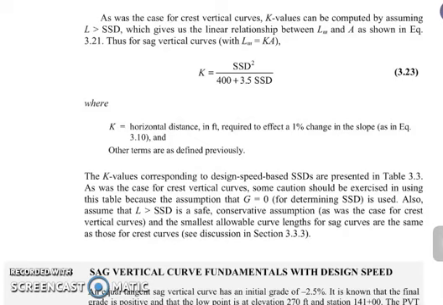We have also assumed that L is greater than SSD, which is a safe, conservative assumption. And we have to take note that the smallest allowable curve lengths for sag vertical curves are the same as those for crest vertical curves.